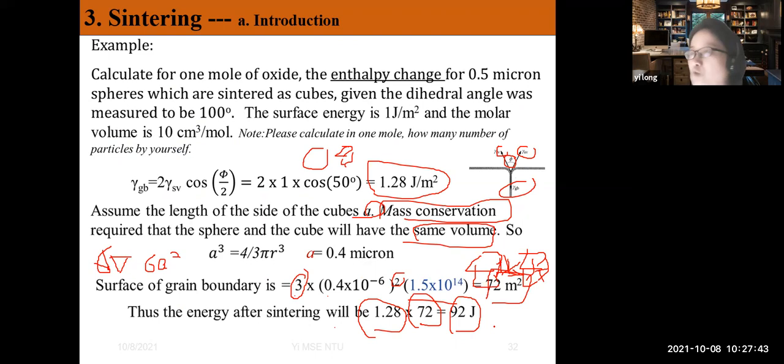So do you think this is going to happen? Yes or no? Can you type your answer here? Because your starting energy is 118, but after sintering, the energy becomes 92. So do you think this is going to happen? Yes or no?